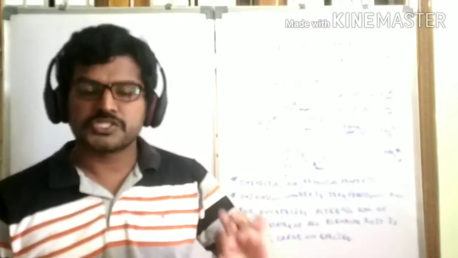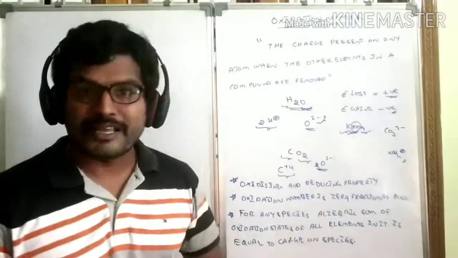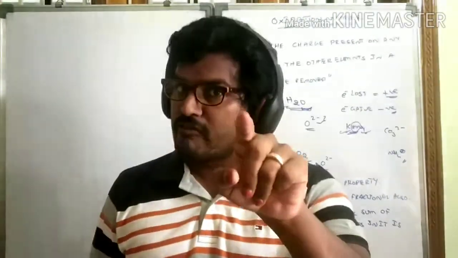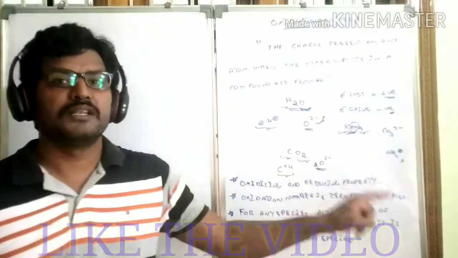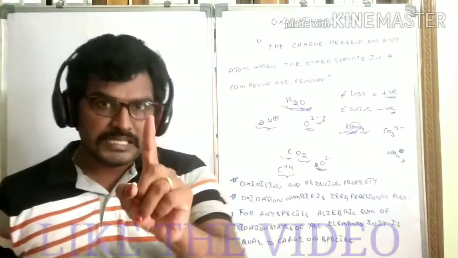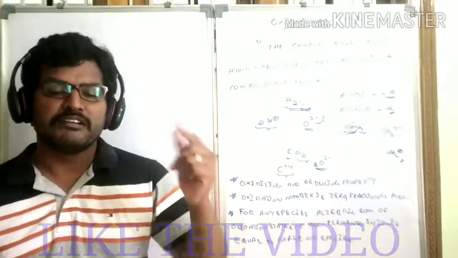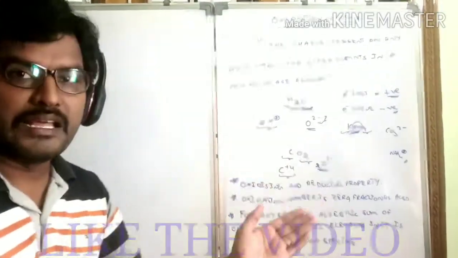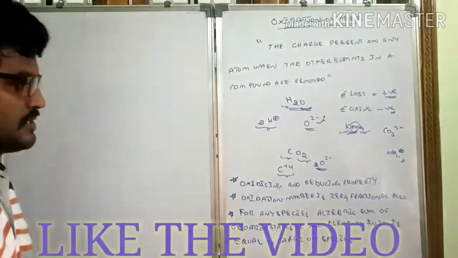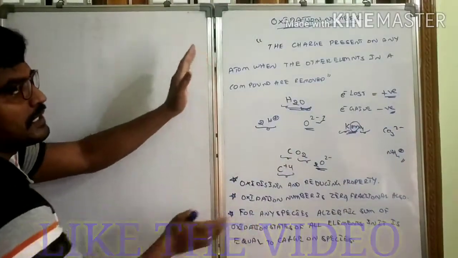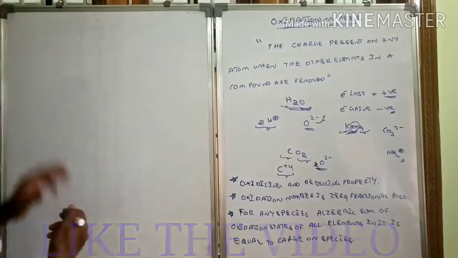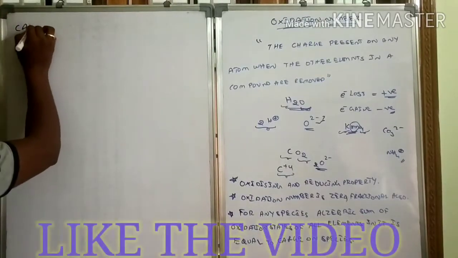But oxidation states can be 0 and fractional also. Valency can never be negative, but oxidation state can be negative also. The valency is a constant number for a particular element, but oxidation state varies for an element in different circumstances.